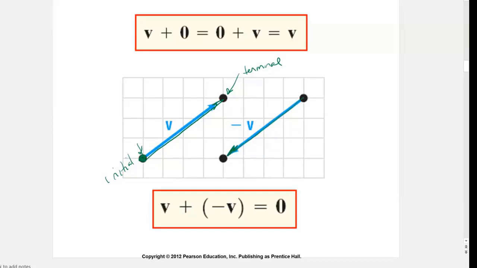So this is now my initial, and this would be my terminal. And it is true that if I add V plus negative V, I get 0, because I go somewhere, I go to the end there, and then my next vector starts here and goes exactly the same way back. So I go back to my starting place, which means I didn't move at all.